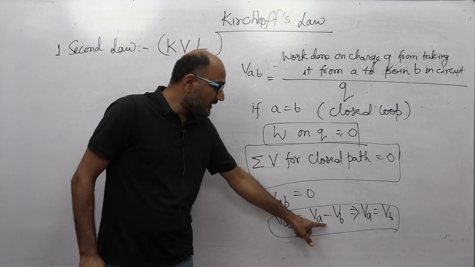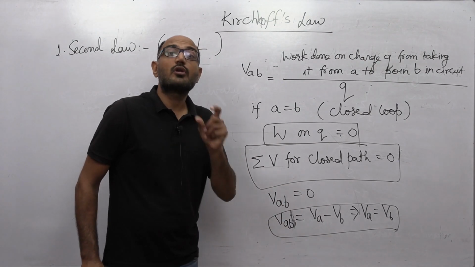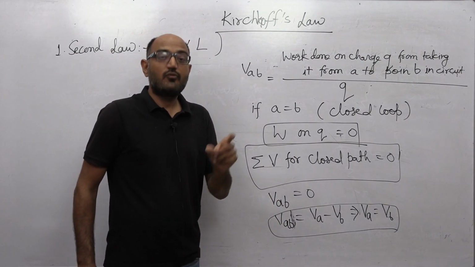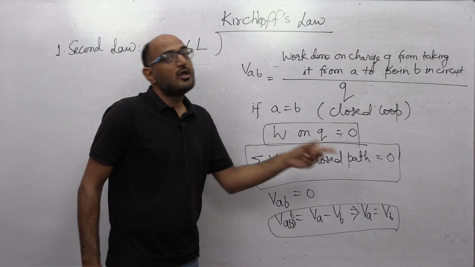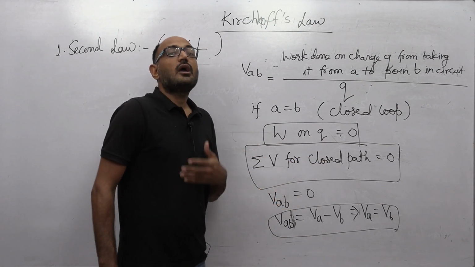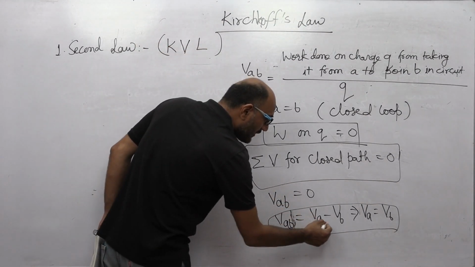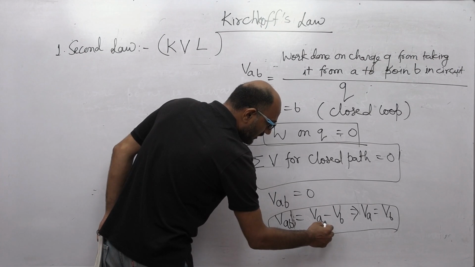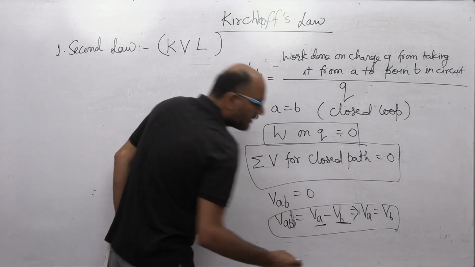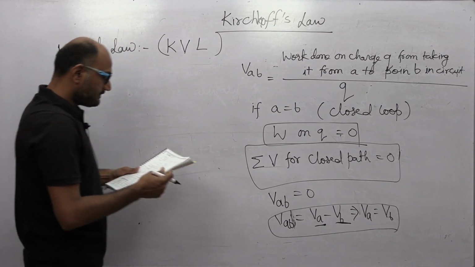So VA is absolute potential? No, never. This is potential with respect to reference node. And what is the potential of reference node? We have yesterday talked about it, whether it can be 0 or other than 0. So this VA is with respect to nodal reference, and VB is with respect to that reference node.